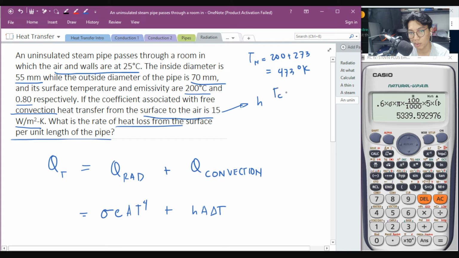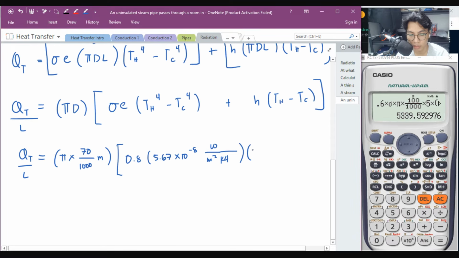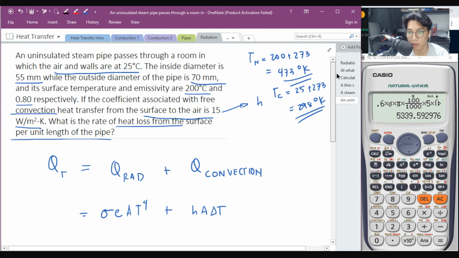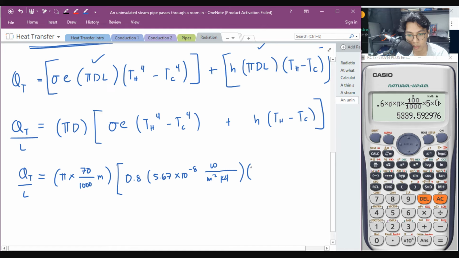Yung T cold, that is, nasaan yan? 25 plus 273. 25 plus 273, that is 298 degree Kelvin. Yan. So, 473 raised to the fourth minus 298 raised to the fourth Kelvin to the fourth plus yung h, 15 watt per meter squared Kelvin.